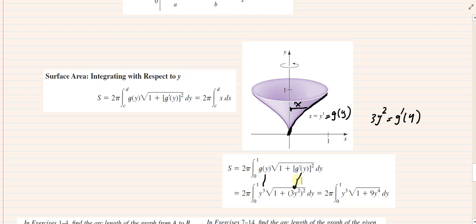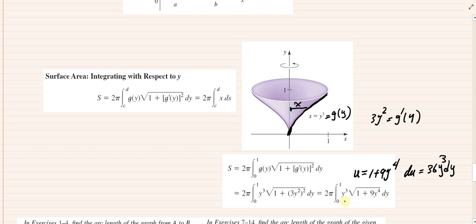And then you can set up the integral this way. And of course, this would be integrable. You can use a u substitution because it's a good thing we have y cubed on the outside, dy. So if you want to pursue this further, you have to let u be 1 plus 9y to the 4th, and your du would be 36y cubed dy.